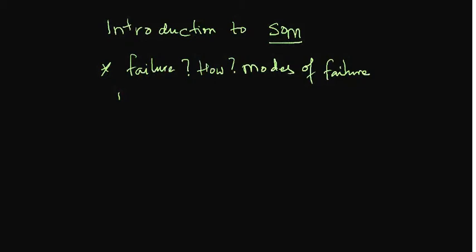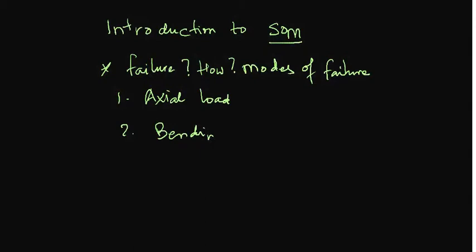The first kind of loading that a member is subjected to is an axial load. The axial load, as the name suggests, acts along the axis of the member. The second kind of load that acts on a member is a bending load.